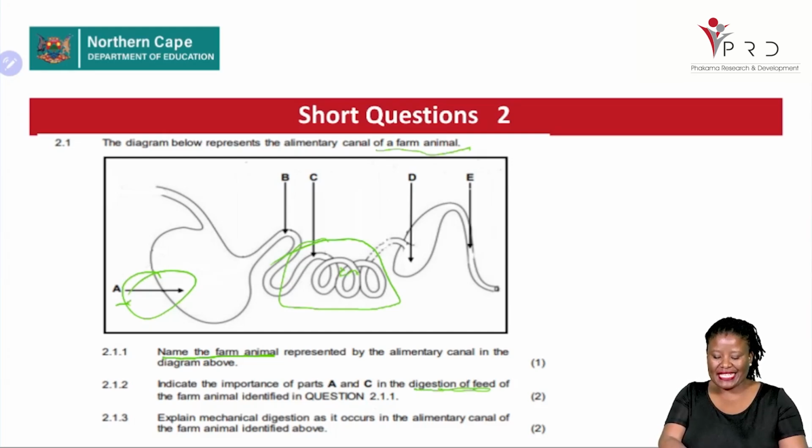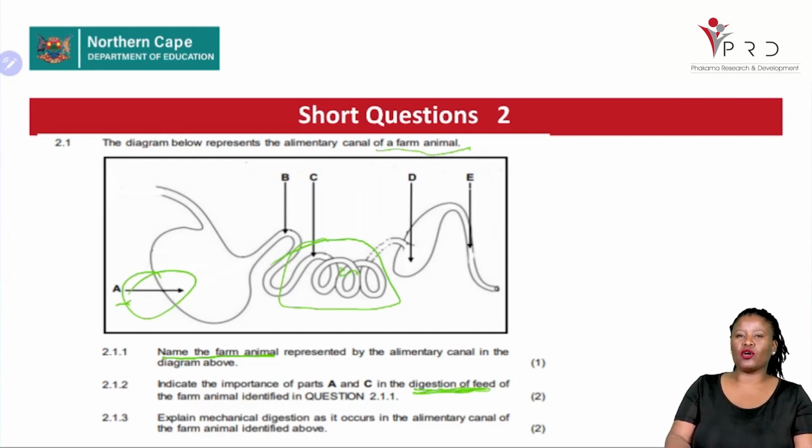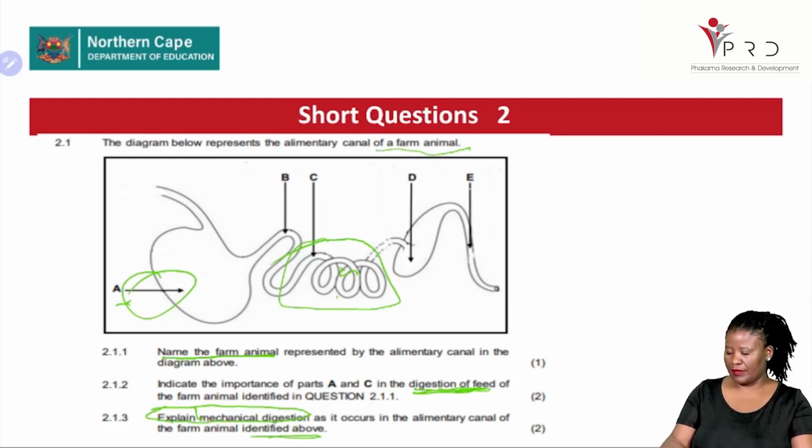So you must read the question. What are you asked? Are you asked about absorption, or excretion, or digestion? Explain the mechanical digestion as it occurs in the alimentary canal of the farm animal identified above.